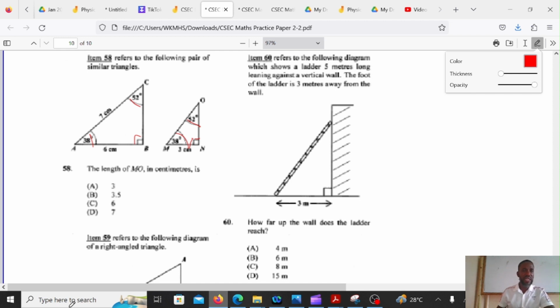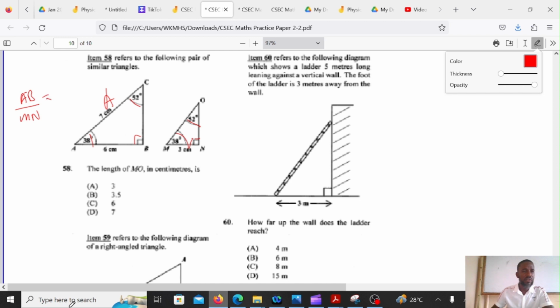And if you realize now, this triangle ABC is an enlargement of MNO. And how do you know what the scale of enlargement is? If I divide AB by MN, so we're talking about corresponding sides here.